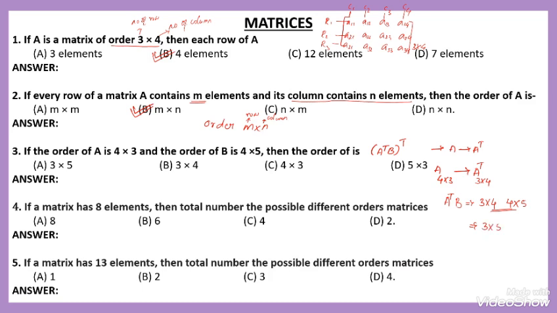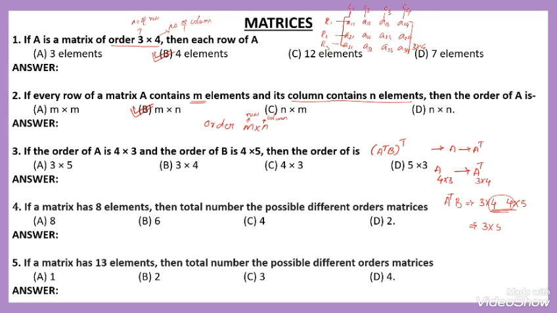When we take the multiplication, the number of columns of the first matrix must be equal to the number of rows of the second matrix. Then the resultant matrix has the number of rows of the first matrix cross the number of columns of the second matrix.